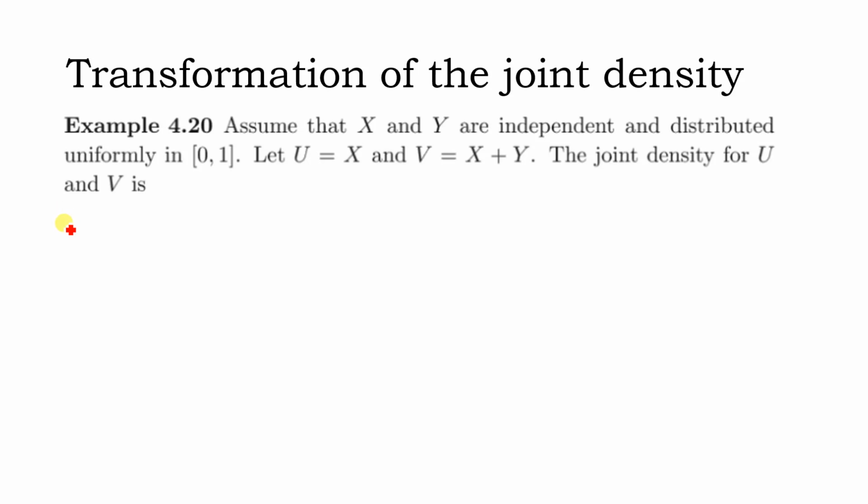Since u is equal to x, the inverse transformation is simply x is equal to u. To find the inverse transformation for v, we solve for y in terms of x and v.